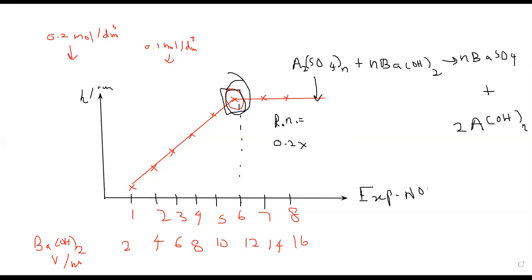I said take all the volumes as 4. 1000 is not needed, but I just write it. Barium hydroxide at that position, you have added 12. So 0.1 times 12 over 1000.